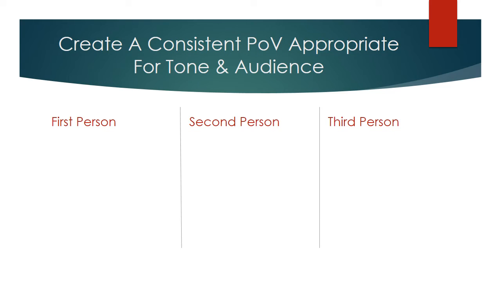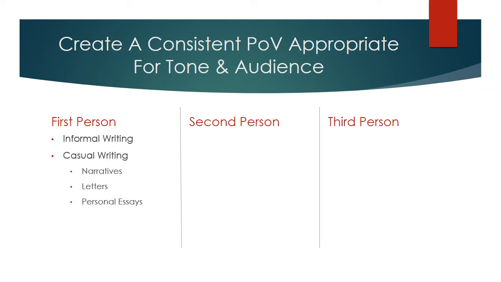So you want to think about what your tone is and who your audience is while you're writing. And in doing so, you are able to choose an effective perspective or point of view for it. Some general guidelines: if you find yourself using first person, you should be using informal writing. It should not be a case of formal writing in most cases. Casual writing, so things like narratives, letters, personal essays are generally where you're going to want to consistently use first person.